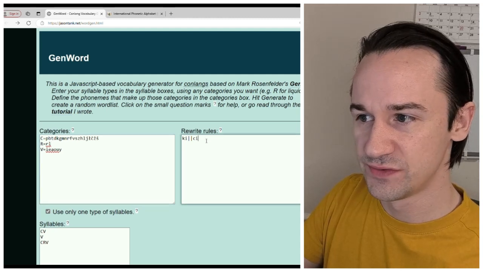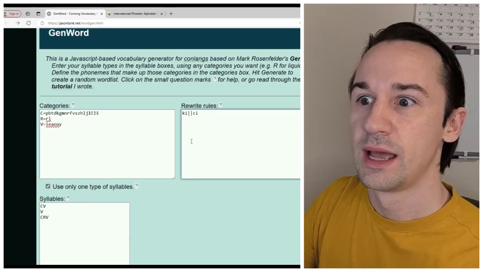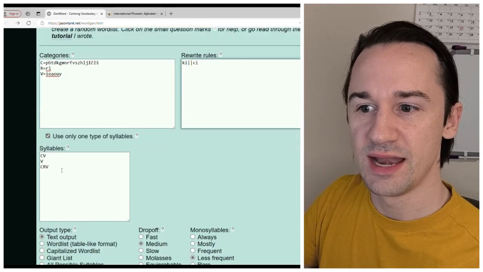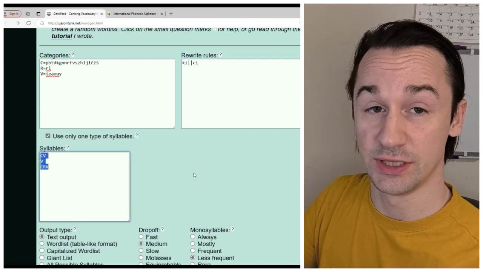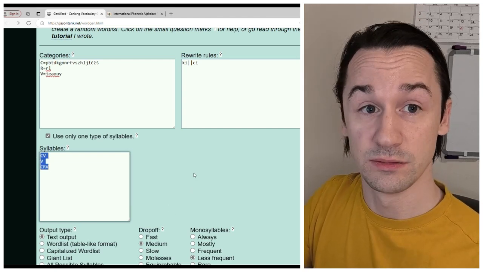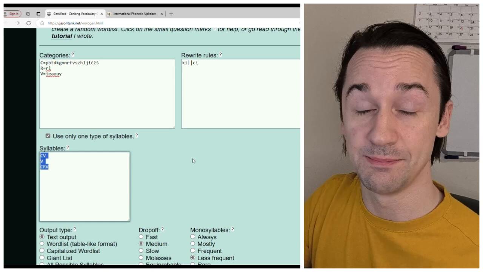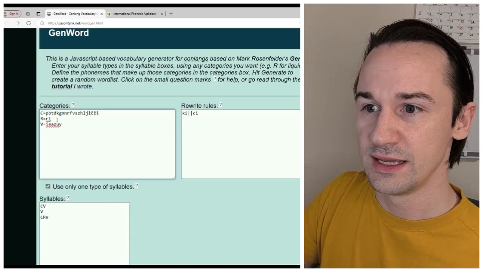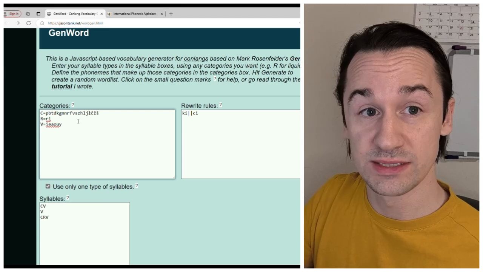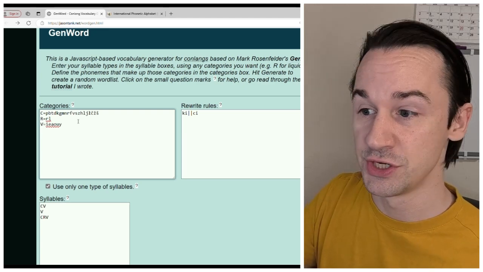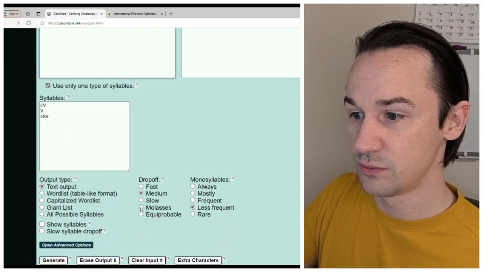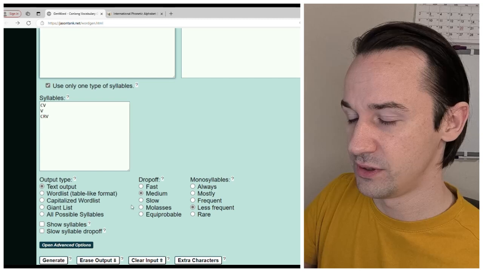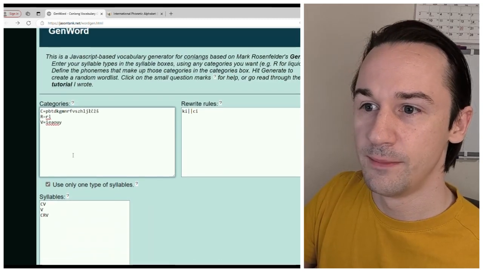And then I give it rules for how it's going to output, how the sounds behave when they're next to each other, and how the sounds can actually be generated, the rules of what can be next to what. But the one thing I want to focus on before we do this is which sounds I actually want to be more prominent in the language, because of the drop-off of frequency.